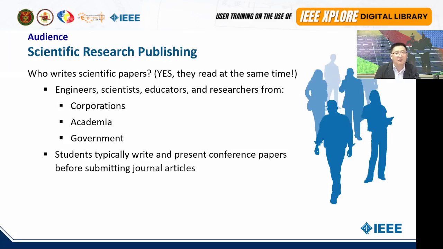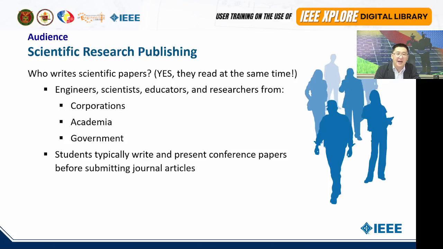Students typically will write and present at a conference before submitting a journal paper. Remember, conference can be something that you can prepare while you are still doing the research. So in this case, what we will recommend you to do is, since most of our participants today are master students, if you really like to publish, number one, aim for conferences.